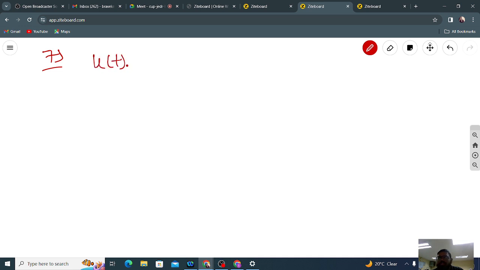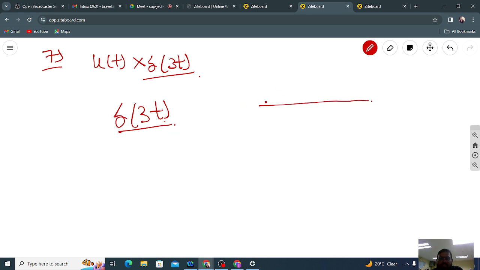u of t into del of 3t. So the main thing here is you have the function del of 3t. What does it mean? Suppose you have a factor minus 1 to 1 in the basis when you are taking the scaling property as t.